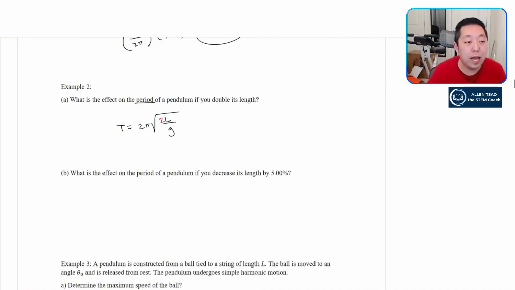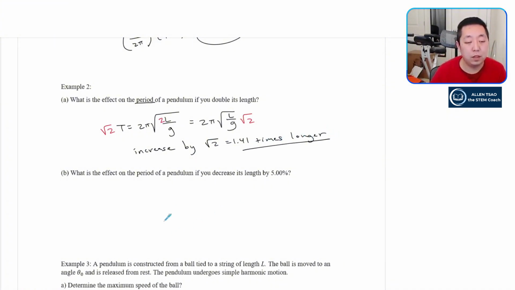I can pull out the square root of 2. It would be 2 pi root L over g times the square root of 2. So in order to match, the period would multiply by the square root of 2. It would increase by the square root of 2, which is 1.41 times longer.